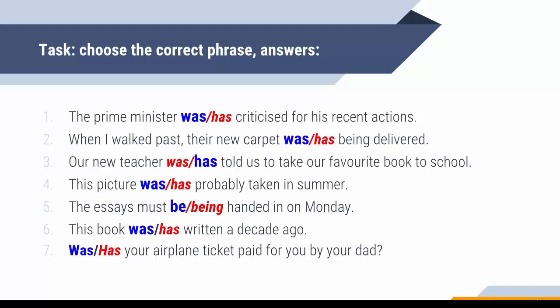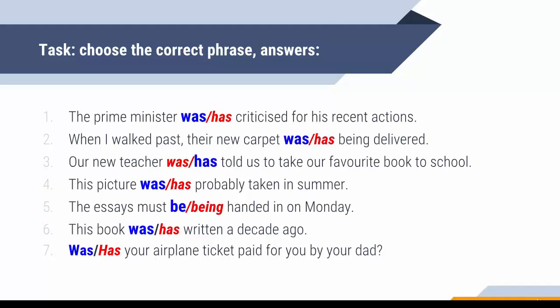The first exercise. Choose the correct phrase. The Prime Minister was criticized for his recent actions. Was criticized. Passive. When I walked past, their new carpet was being delivered. Past continuous, passive.